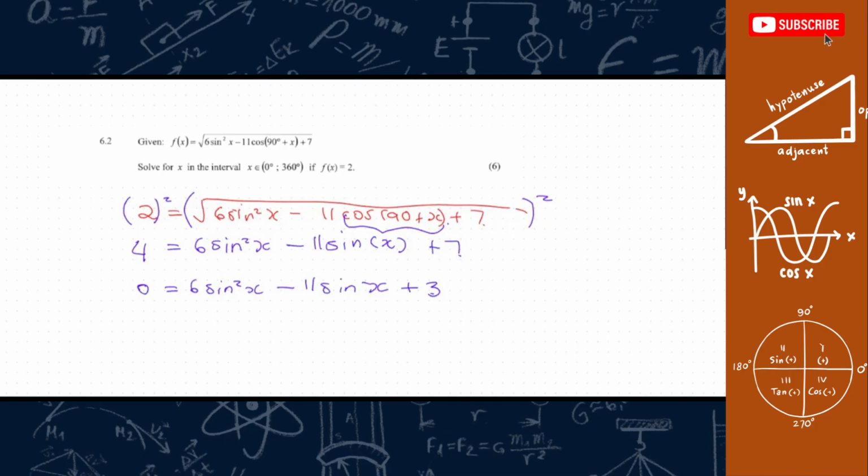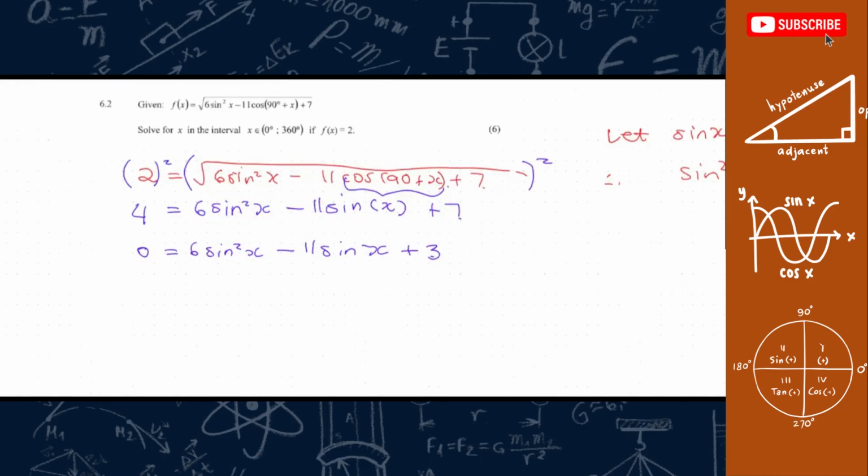Now, when I said see it as sort of a quadratic equation, you can just say let sine x be equal to y. Therefore, sine squared x would be equal to y squared. And you can just replace it here so that your mind functions a little bit better.